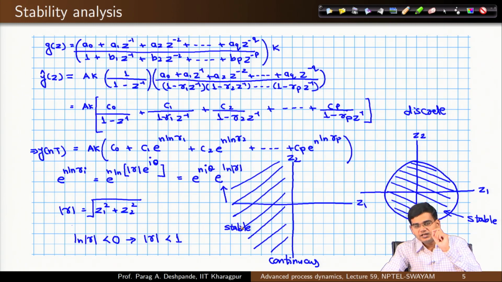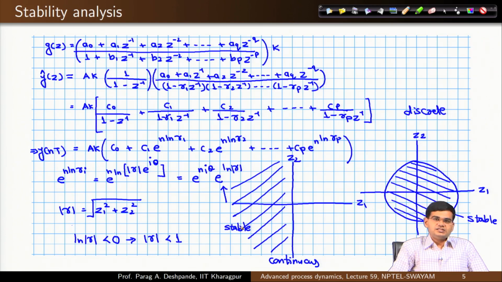For the case of continuous systems, if the poles lie in the second and third quadrant, the system would be stable. For the case of a discrete system, you draw a circle of unit length, and if the pole lies inside it or even on it, you will have stability, otherwise you will not have stability.